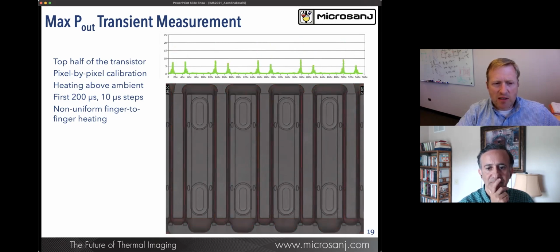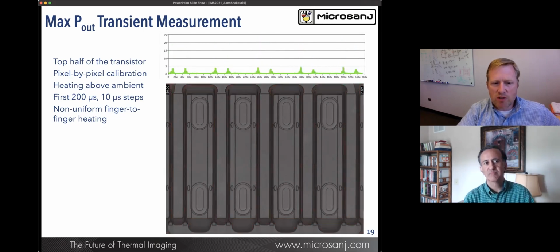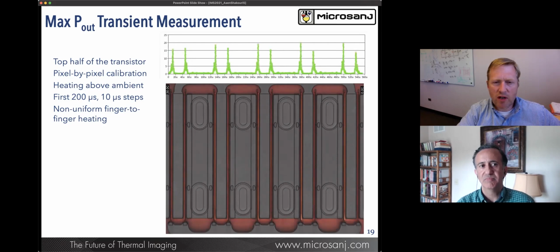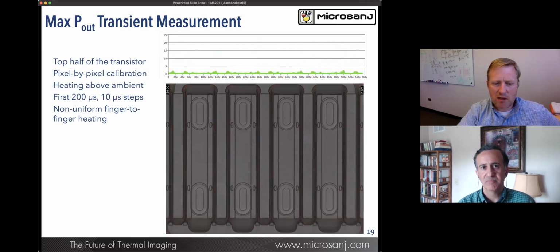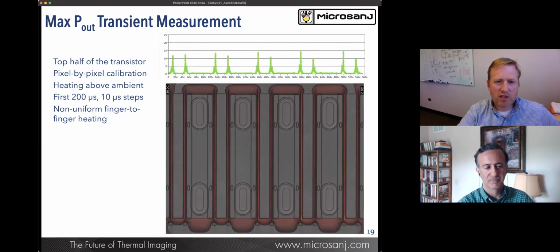That's something that if you're going to design for memory effects, each one of those transistor fingers has a slightly different thermal environment. Even though they're all laid out identically, the fingers themselves, due to their local environment, are slightly different. So there's an asymmetry here that you might want to take into account, and you only really see this under these transient imaging conditions. And in this measurement, we're measuring for the first 200 microseconds in 10 microsecond steps.